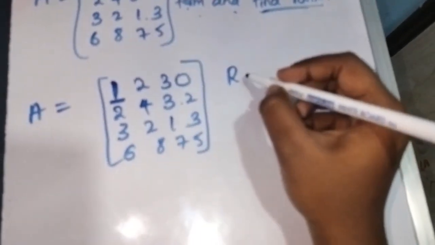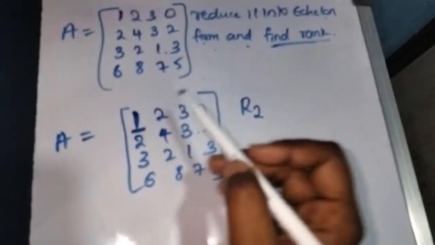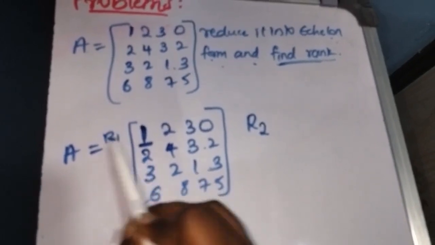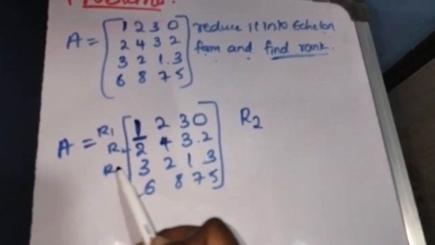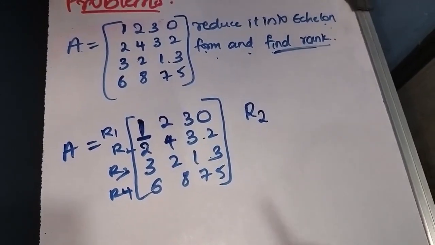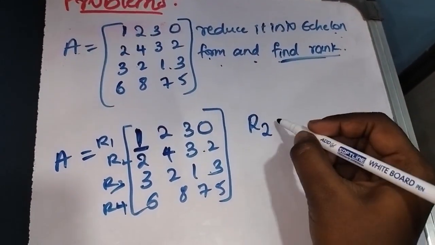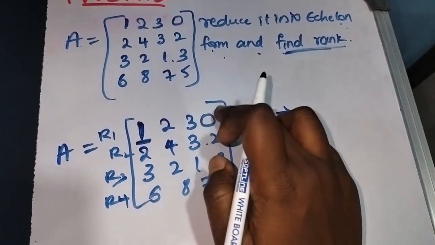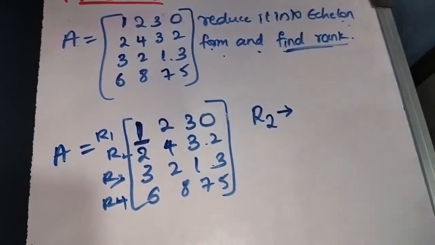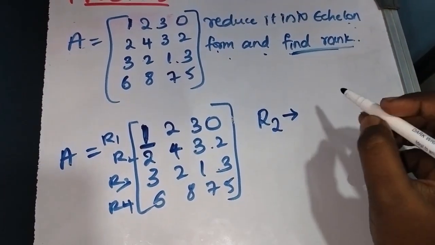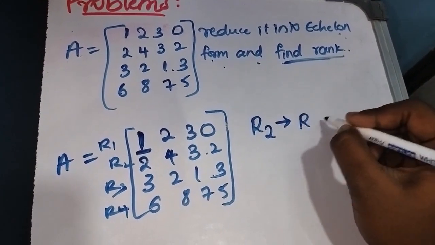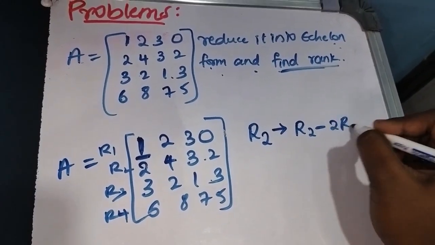Let's take the help of R1. This is row 1, row 2, row 3, row 4. To find row 2, let's take the help of row 1, because row 1 is identical and perfect. Row 2 is R2 minus 2R1.